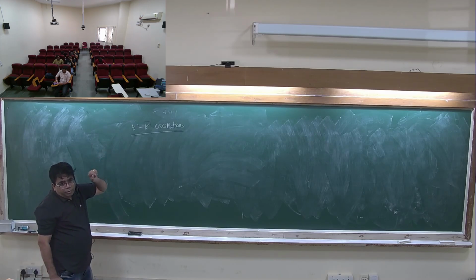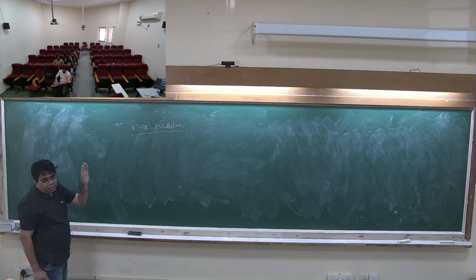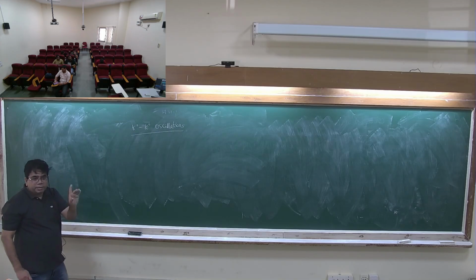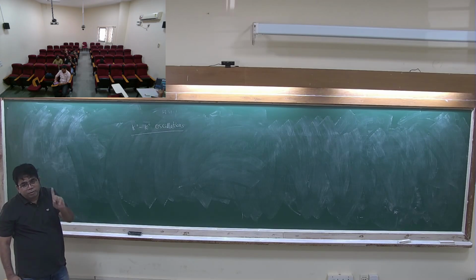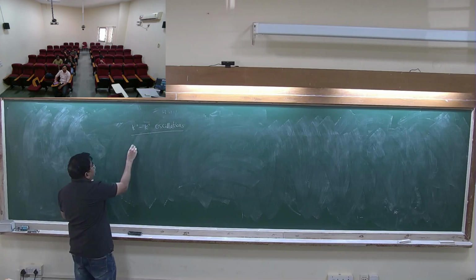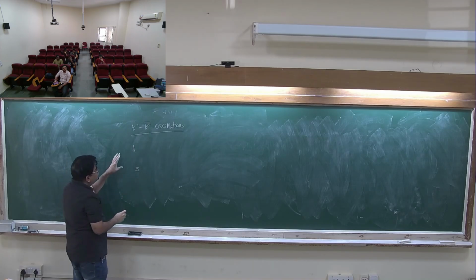K0 has a strangeness +1, say for example, or -1. You take one of them. If you take K0 to be strangeness +1, K0 bar will contain -1 essentially. So it contains at least one s quark. Whether you want to define strangeness as -1 or +1 is your choice. Let's take one particular definition and let's take d s bar as a bound state.